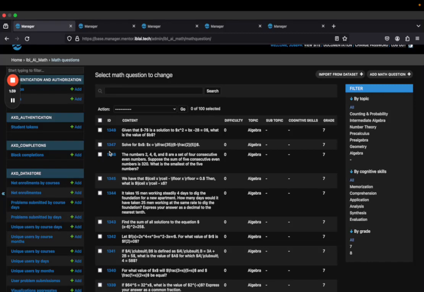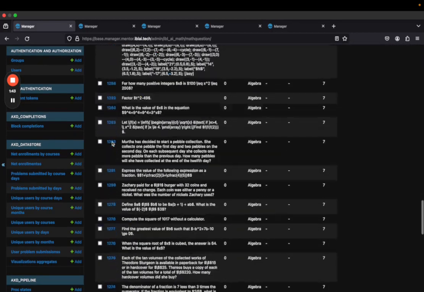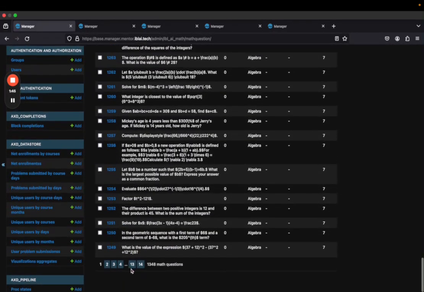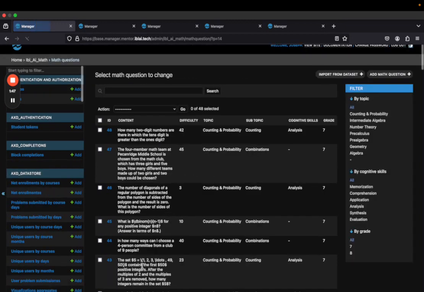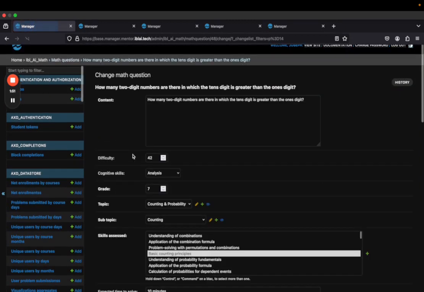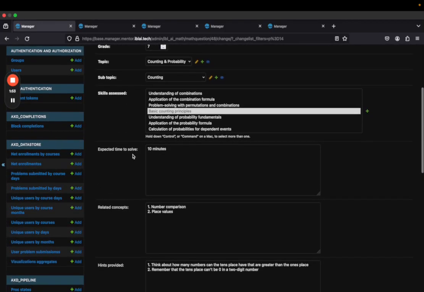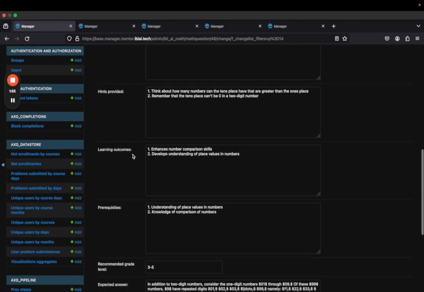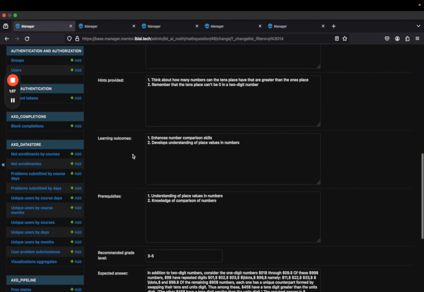Also, we load metadata about questions so we can give students the ability to say, after answering this question, I've been able to acquire skill A, skill B, C, and D.